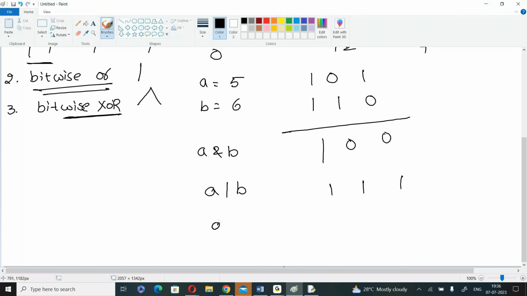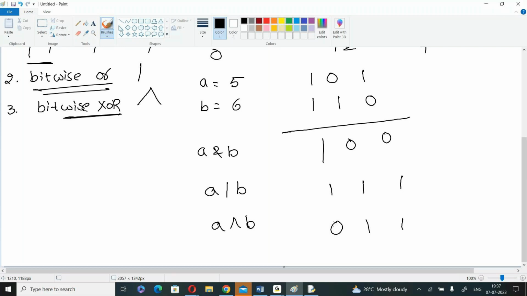Finally, a XOR b. For XOR, if the bits are different, the result is 1. If the bits are the same, the result is 0. 1, 0, the answer is 1. 0, 1, the answer is 1. 1, 1, the answer is 0. Like this, the operation is performed bit by bit.